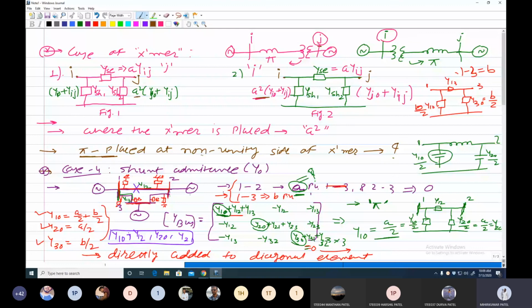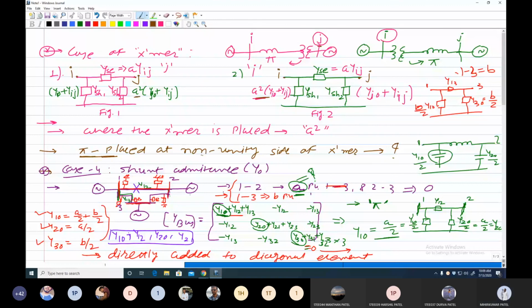Similarly, if the transformer is connected at the ith bus, then the term A square will appear in the equation of this ith bus. Clear? I think you have written this equation for II and JJ.